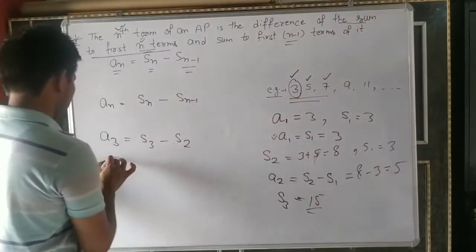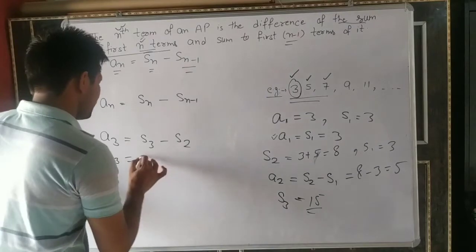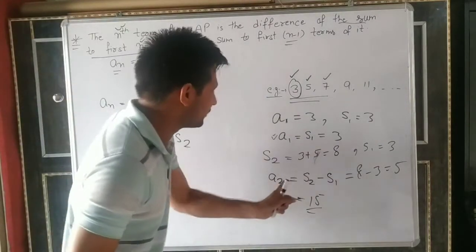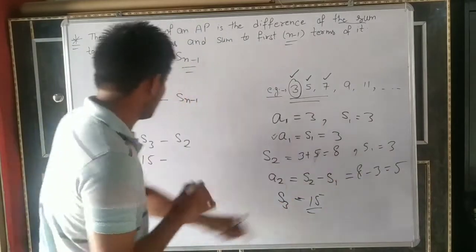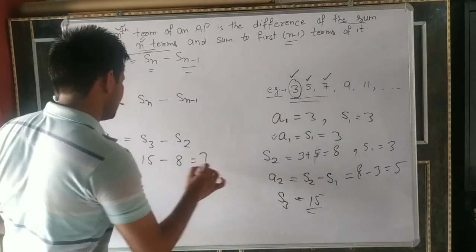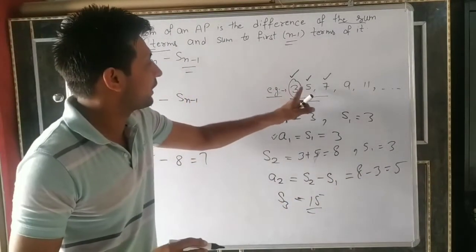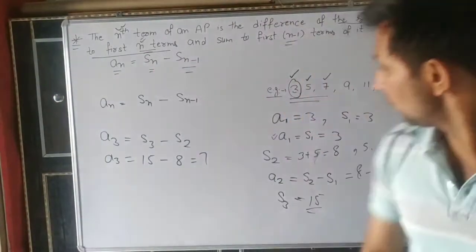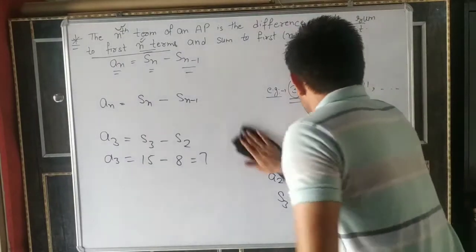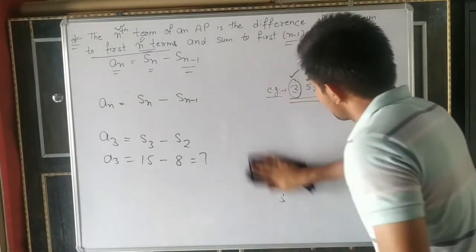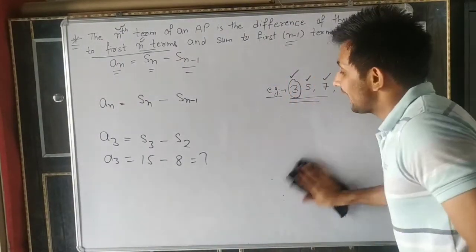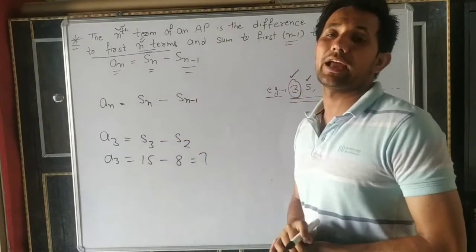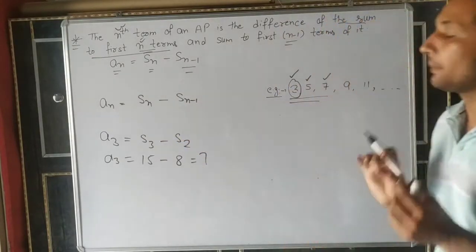So A3 equals 15 minus S2. S2 is 8. So how much is it? 7. A3 is also 7. Understand? Why can we always find the nth term as Sn minus Sn minus 1?